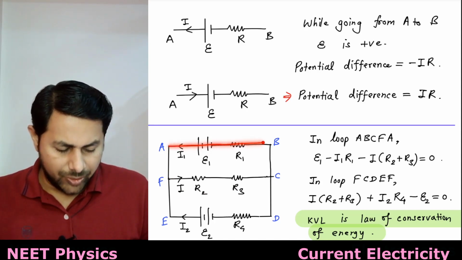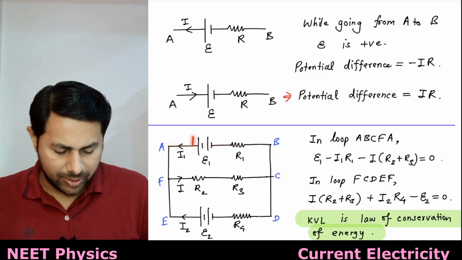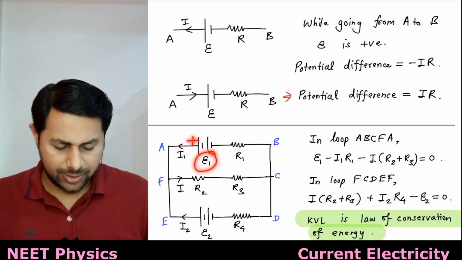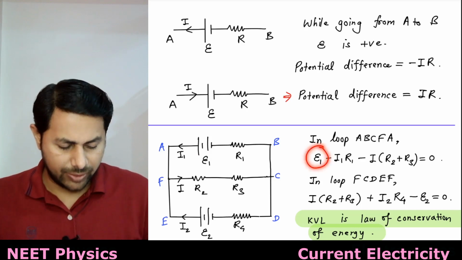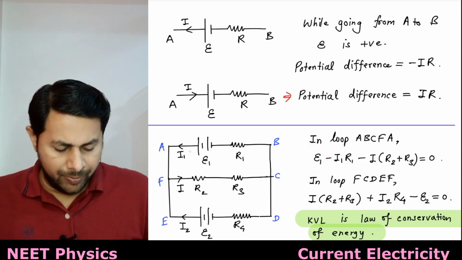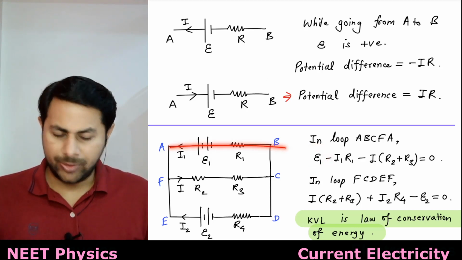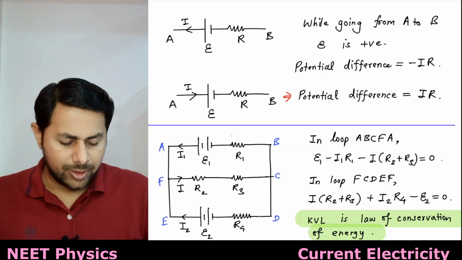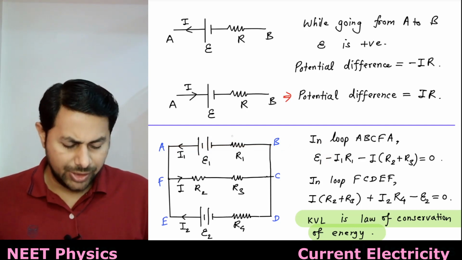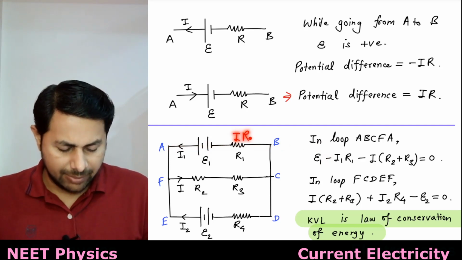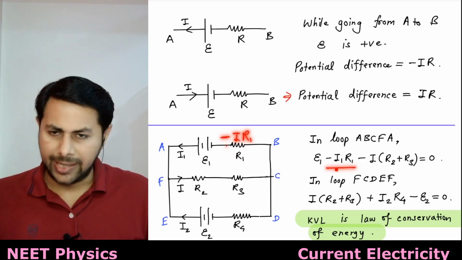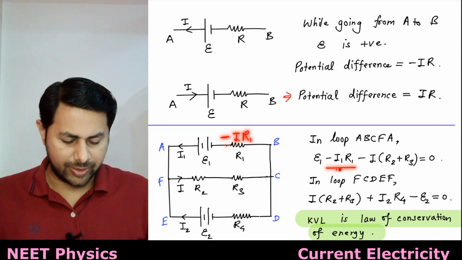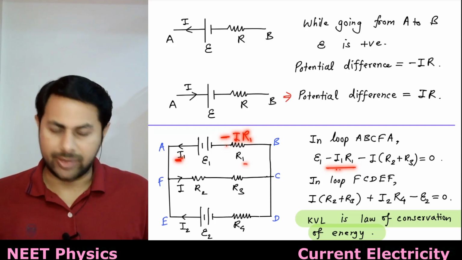When you go from A to B, you encounter the positive terminal of the cell, so E1 would be positive. Then you are moving in opposite direction of current, so the potential difference here would be I times R1, but since you are going in opposite direction, you write minus I1 times R1.